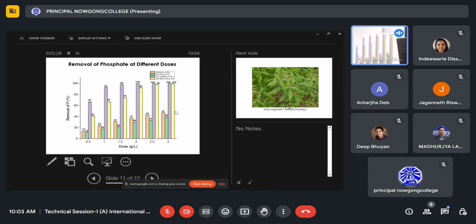We have also done some plant studies using this, lab scale studies, and also agronomic studies in the field, where we were able to use this fertilizer to supply phosphorus as well as iron to the plants. In fact, one of our works got a cover page in one of the journals because we're the first group to use nanomaterial to supply phosphorus and iron together to plants.